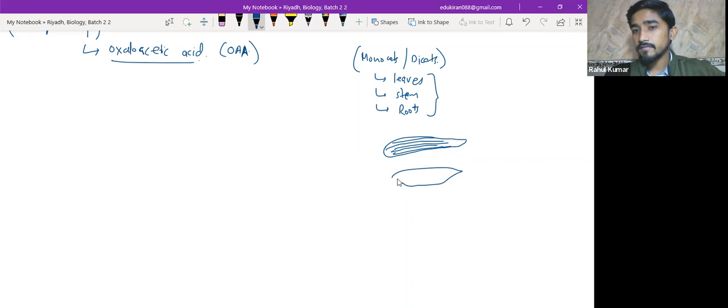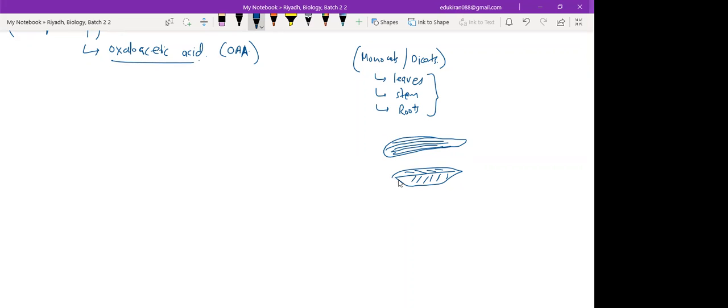And then you have a leaf in which there is a midvein and there are accessory veins. So this is parallel venation and this is reticulate venation. Is it clear? This you will see in mango, guava, higher plants, all your dicots, gram. Is it clear?